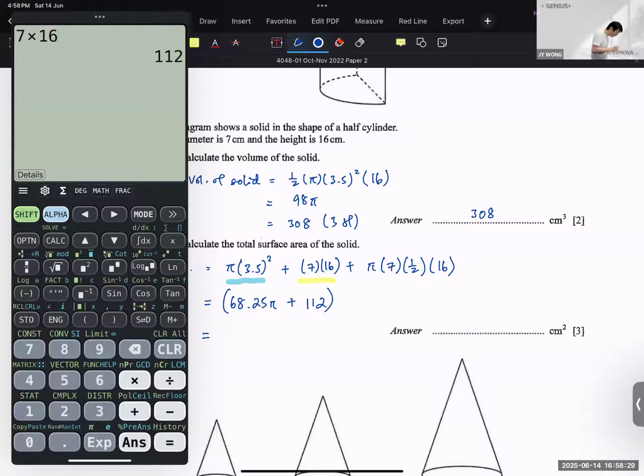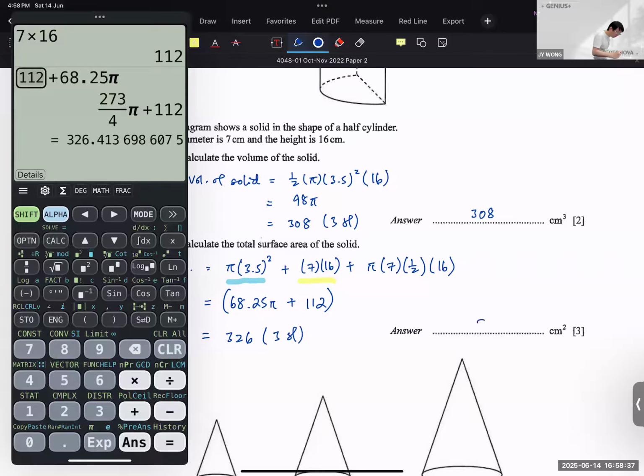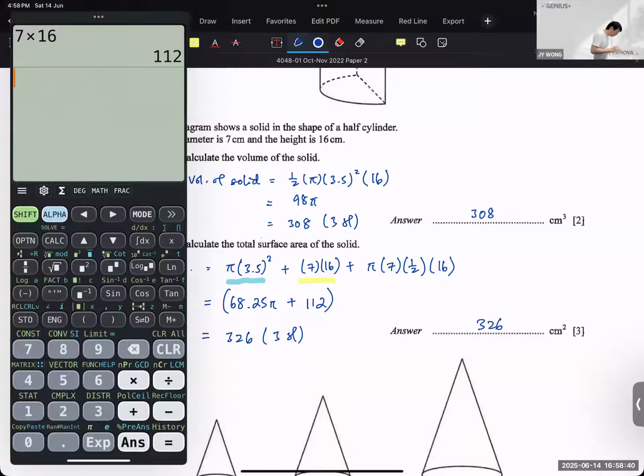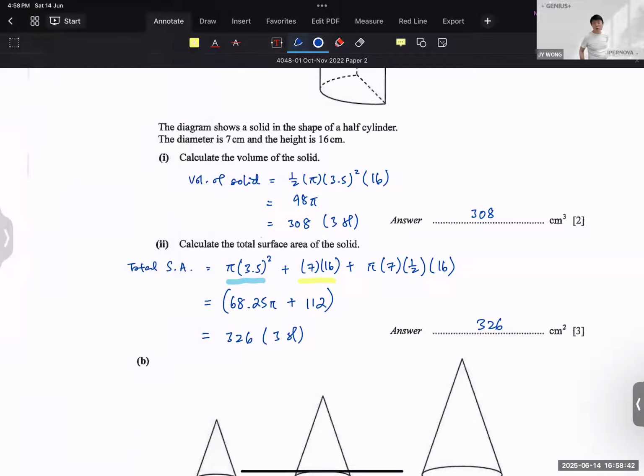Then from here, I press the calculator. 326 in 3SF. Okay. The reason why I leave it in terms of pi in part 2 is just in case I need it later on.